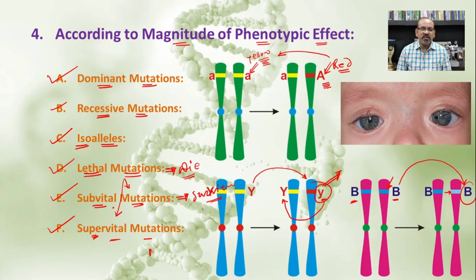Say for example, if there is an organism A which after mutation has the ability to sustain high temperature, say 56 to 60 degrees Celsius, then such an organism has the ability to resist higher temperature. Such changes or mutations are known as supervital mutations, and these are responsible for making the organism more fit in the different biological conditions in the environment.